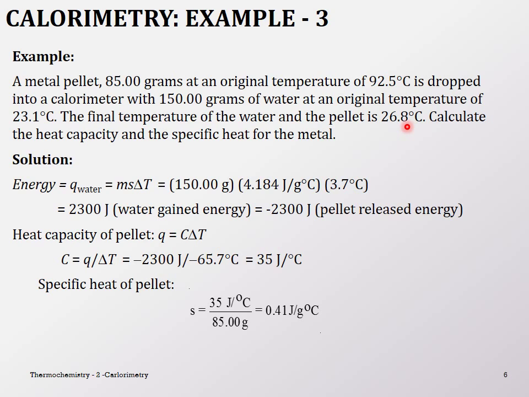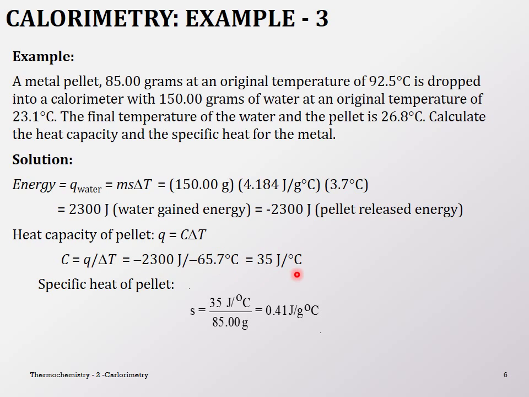So it is final minus initial, that's why there's a minus. Final was 26.8, initial was 92.5, and that gives us minus 65.7 degrees Celsius. And so that is equal to 35 joules per degree Celsius. Remember, there is also a minus over here, the minus 2300, because this was the amount of energy released. So you cancel out the minus signs.